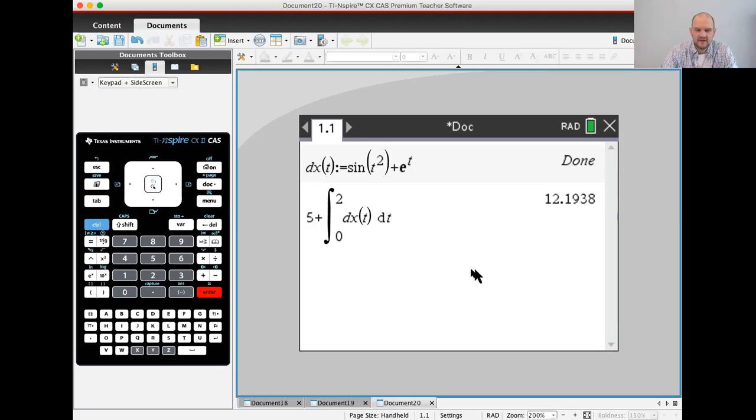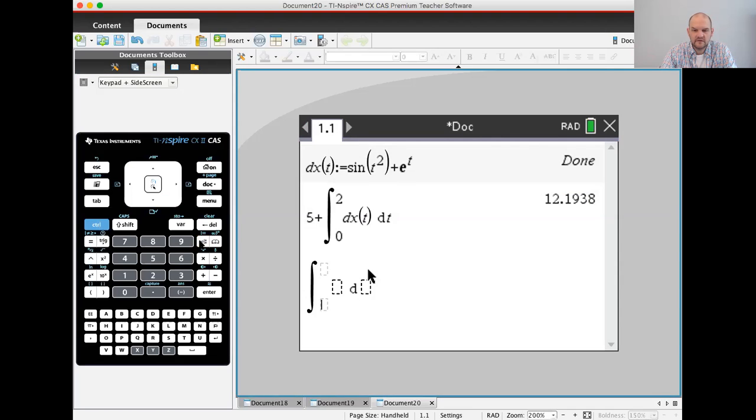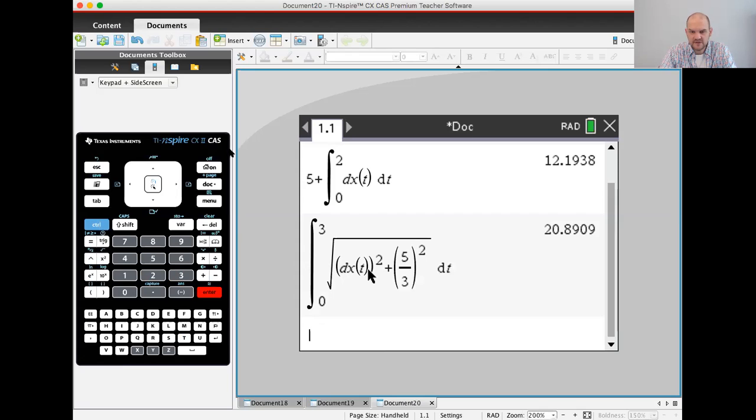So for arc length, I'm going to do the integral from 0 to 3 of the square root of dx of t squared plus, the first one is 5/3 squared, dt. I'm just going to press enter to make sure I did it right.